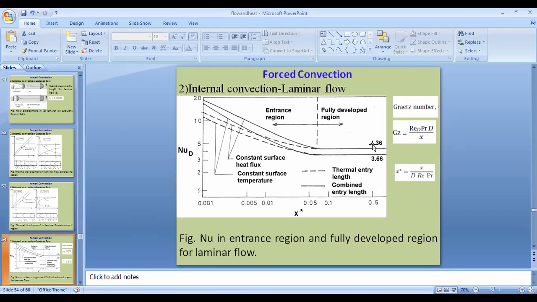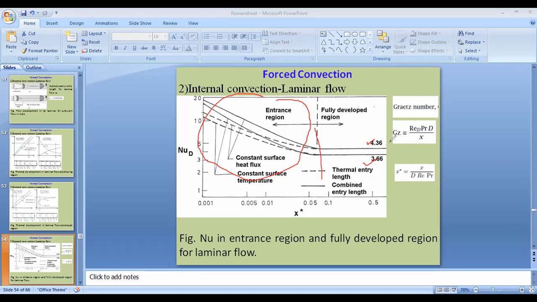These values are constant if it is a laminar flow and it is developed. In one case it is 4.36, in another case it is 3.66. But what happens if the flow is developing in the entry region? If the flow is developing, then we cannot use these constant values.